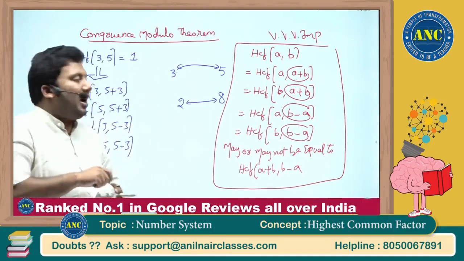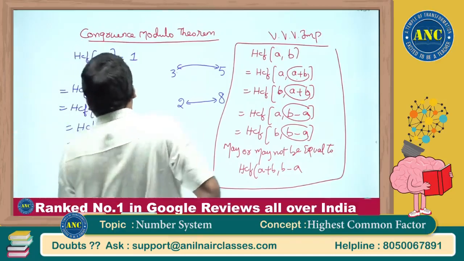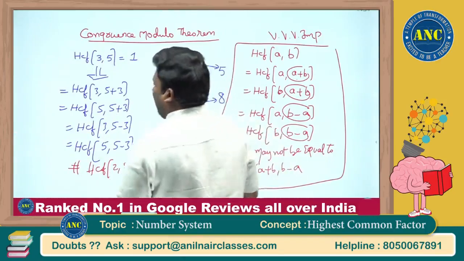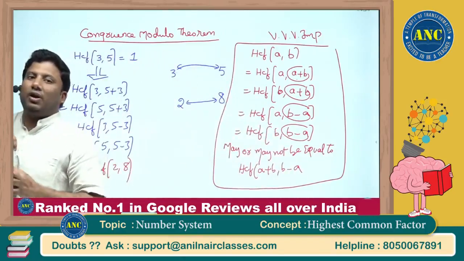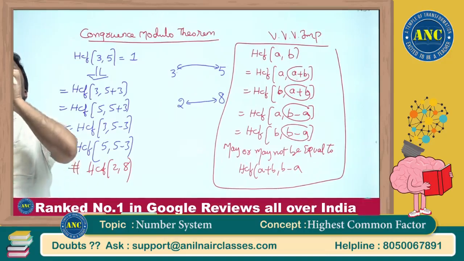But addition and subtraction of two numbers together, don't do. It is not equivalent to HCF of 2 comma 8. Please make a note, sir. Next 1.5 hour, each and every question is extremely important.